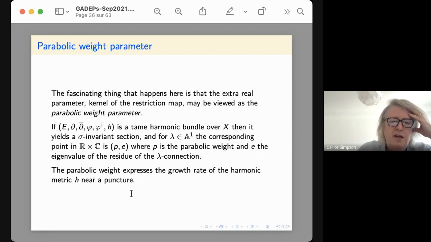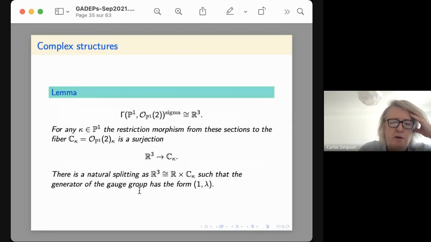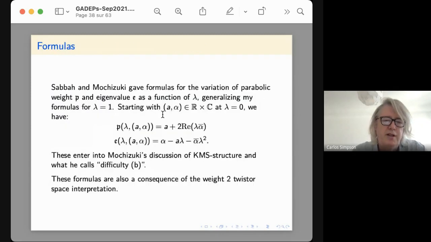If you have a fixed value of R3, a fixed space R3 that's got lots of different trivializations of the form R cross C, and you calculate what those trivializations are, it's just a property of the fact that this R3 is the space of sigma invariant sections of a line bundle that has weight 2, an OP1 of 2 that has a sigma on it. Those are always going to give those same formulas. So it's not just an accident. Those are the formulas that you get from that picture, basically.